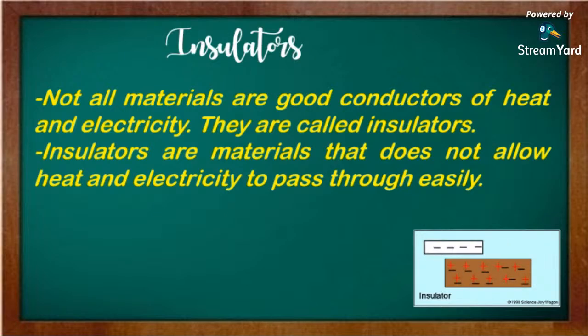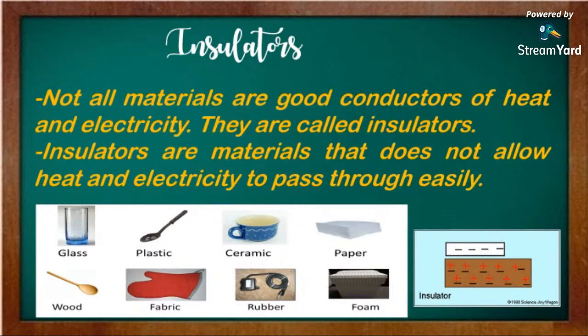Insulators are materials that do not allow heat and electricity to pass through easily. Examples are in the picture. So we have glass, plastic, ceramics, paper, wood, fabric, rubber, foam, etc.